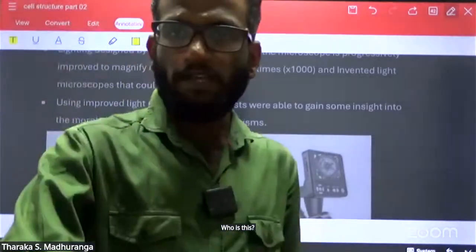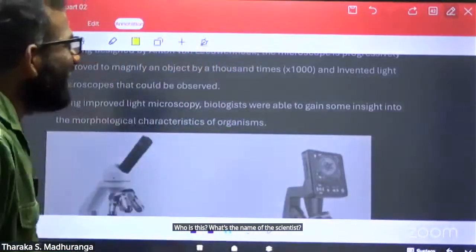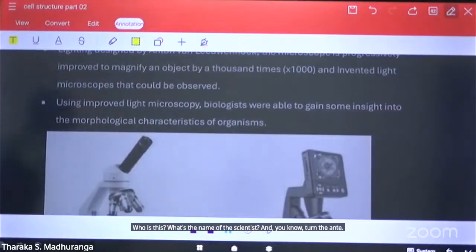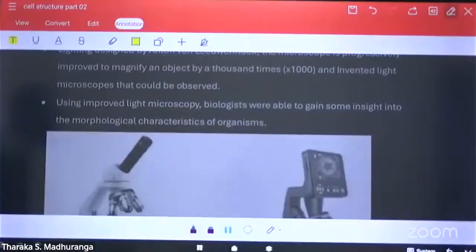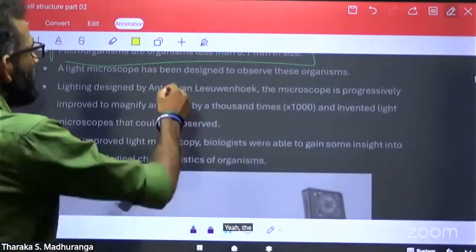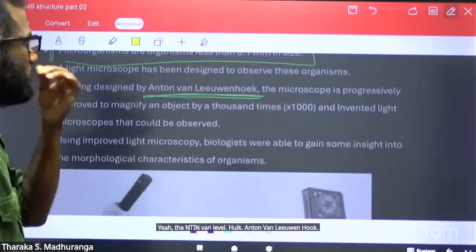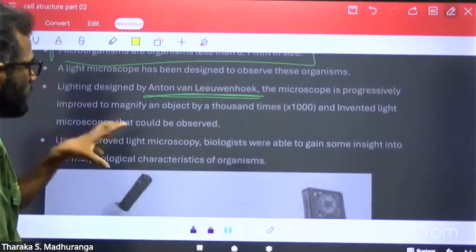What's the name of this scientist? Yeah, Anton van Leeuwenhoek. He found the first microscope.